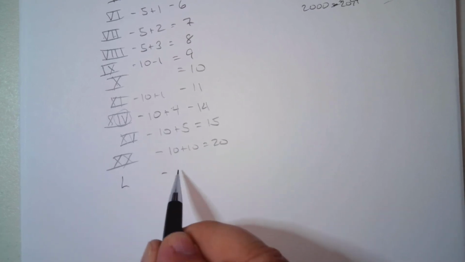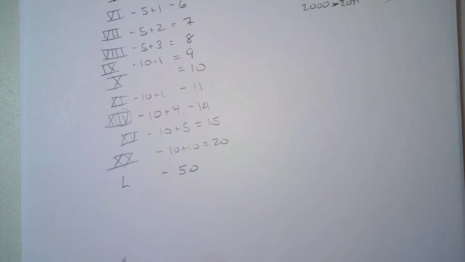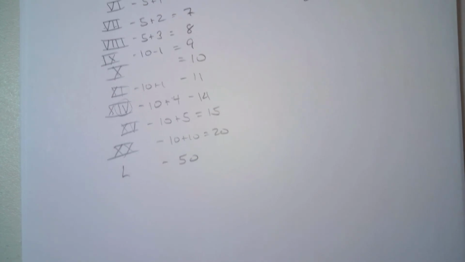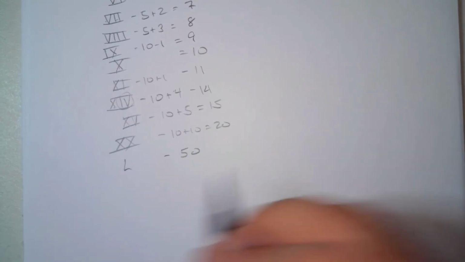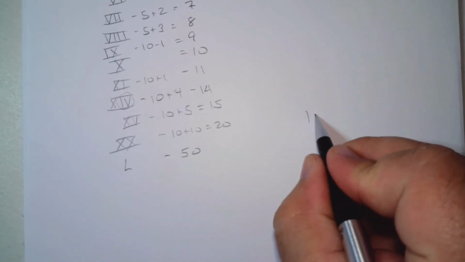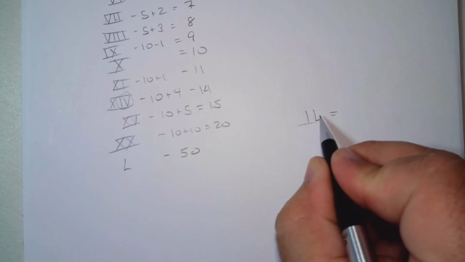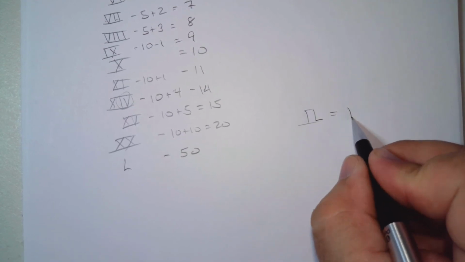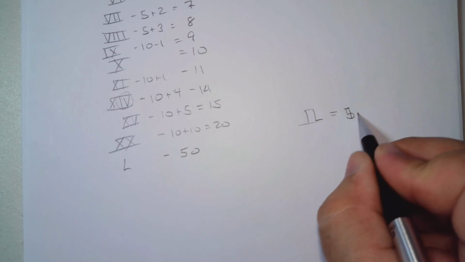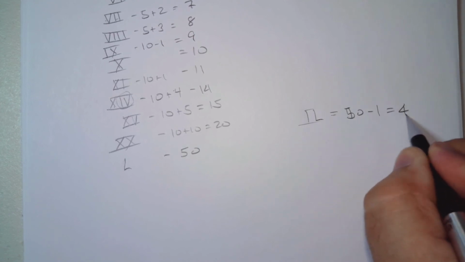We'll go down to 50. Nice, and there's the last Super Bowl. If the Super Bowl right before it was IL, which is 50 minus 1 is 49.